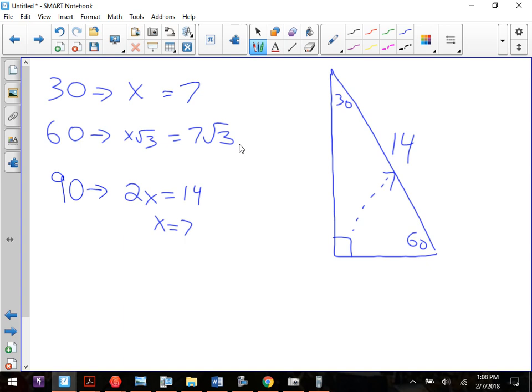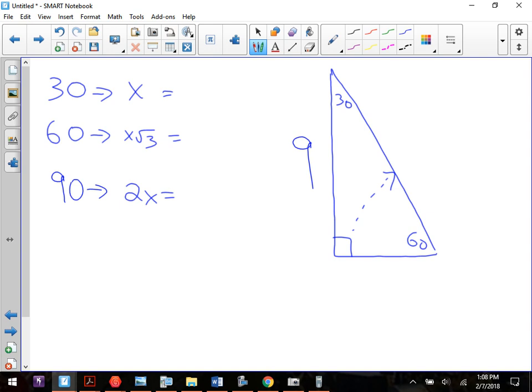Same thing happens here if I change this up. Let's say I know across from my 60 is 9. If across from the value of 60 happens to be 9, well, where do I throw the 9 in my algebra jig? Across from what?